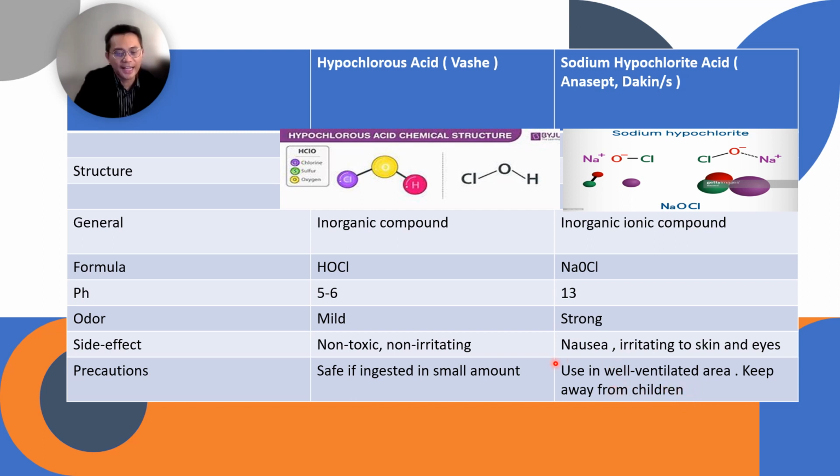Hypochlorous acid is safe if ingested. If you accidentally ingest it, they're saying it's safe in small amounts. I will tell you why later as we go on to the next slide. So stay with me, and we have a lot of great things to talk about.